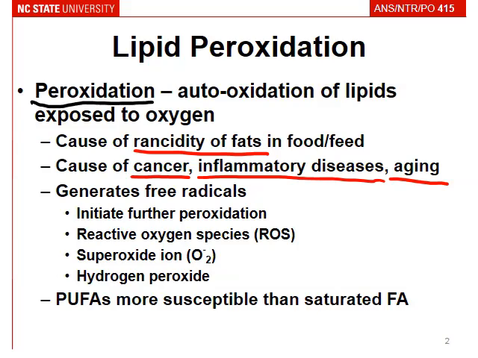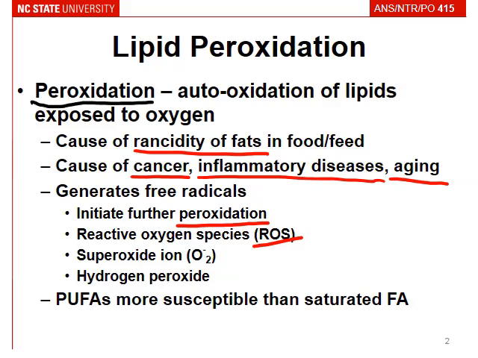The reason why we want to limit the peroxidation that occurs is because it's going to further peroxidation. So if you have one lipid that becomes auto-oxidized, it's going to cause other lipids to become oxidized. That's also forming our reactive oxygen species, or our ROS. We also have superoxide ions and our hydrogen peroxide.